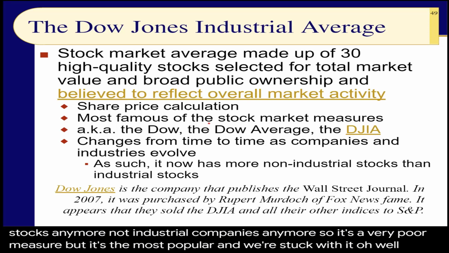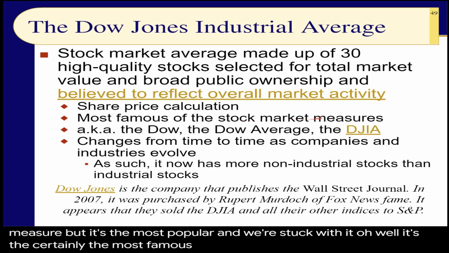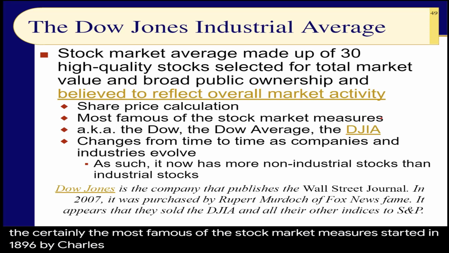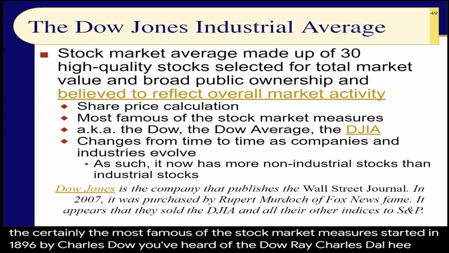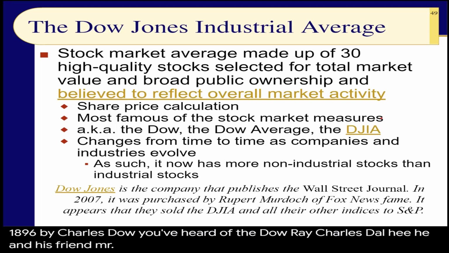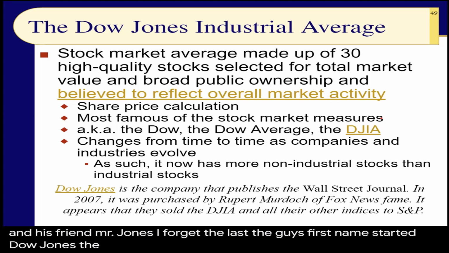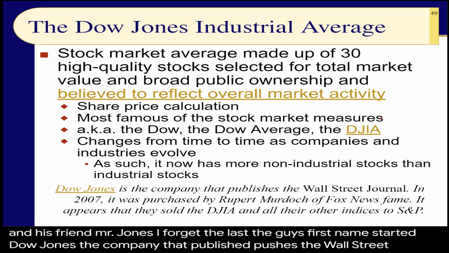Oh well. It's certainly the most famous of the stock market measures, started in 1896 by Charles Dow. You've heard of the Dow, right? Charles Dow, he and his friend Mr. Jones, I forget the guy's first name, started Dow Jones, the company that publishes the Wall Street Journal.